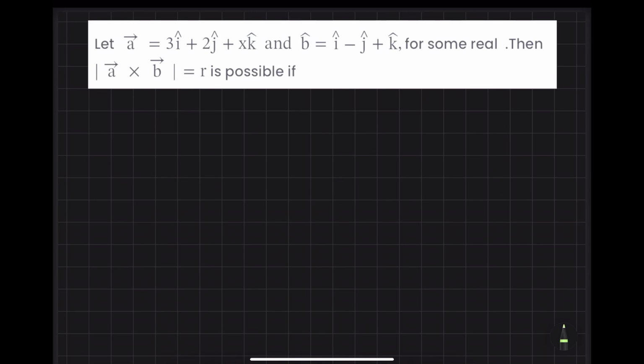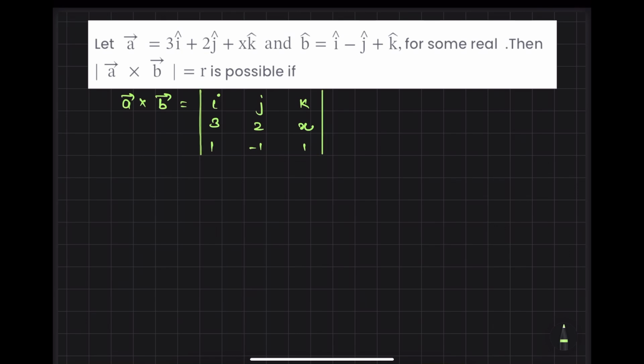So before solving for r, we should solve A cross B first. For A cross B, let's do the orthodox thing. A cross B is the determinant with i, j, k. Now write down the components of vector A: 3, 2, x. Now the components of B: 1, -1, 1.